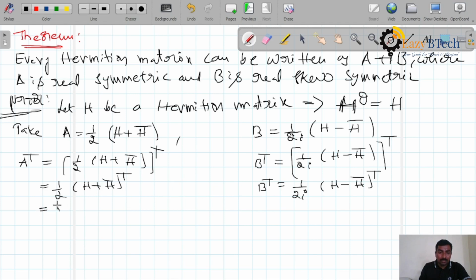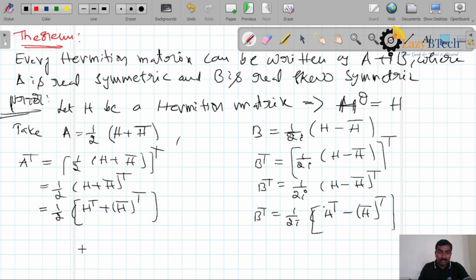Therefore that equals 1 by 2 into, whole transpose can be written as H transpose plus conjugate of H, that means H bar whole transpose. Here also B transpose equals 1 by 2i into whole transpose, which can be written as H transpose minus H bar whole transpose.